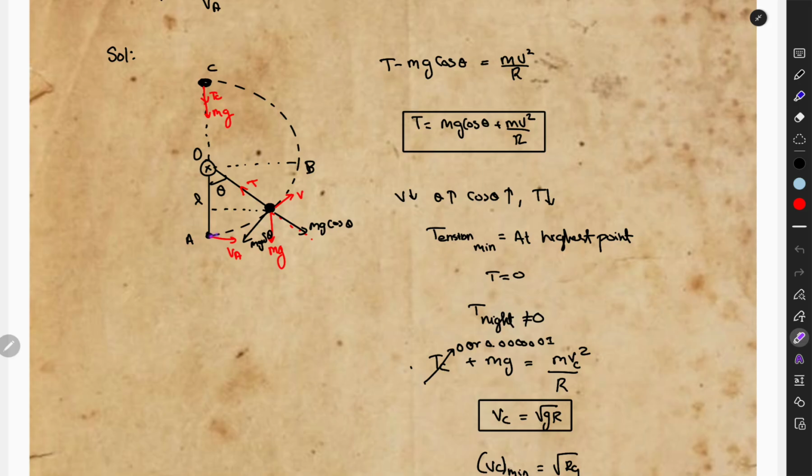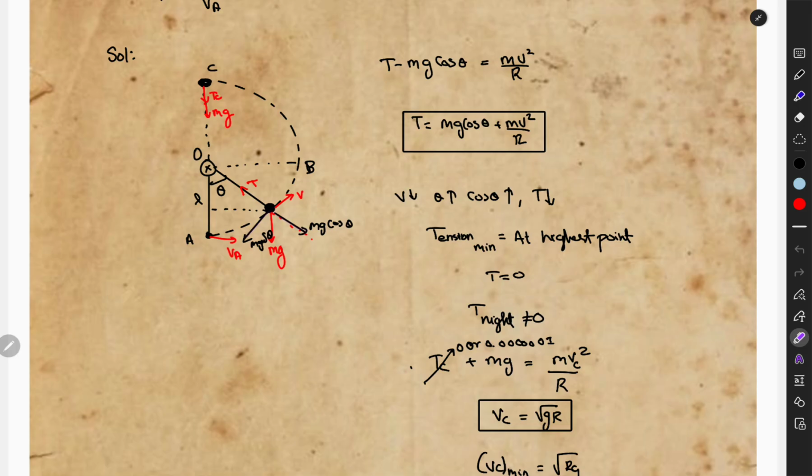So basically, at a point it's gonna have these forces: mg for sure, and towards the string which is t, and we have two components of mg.